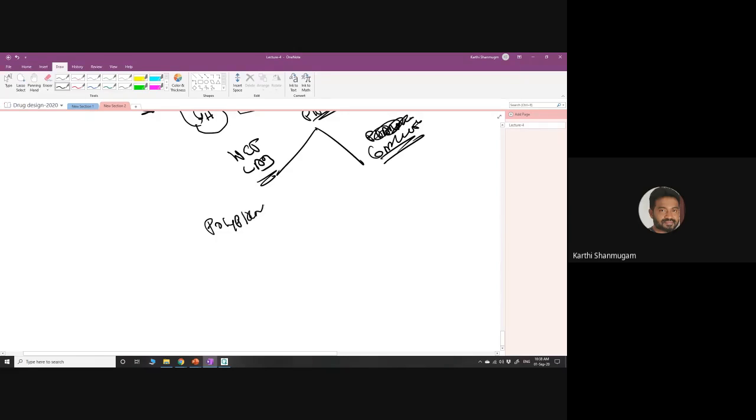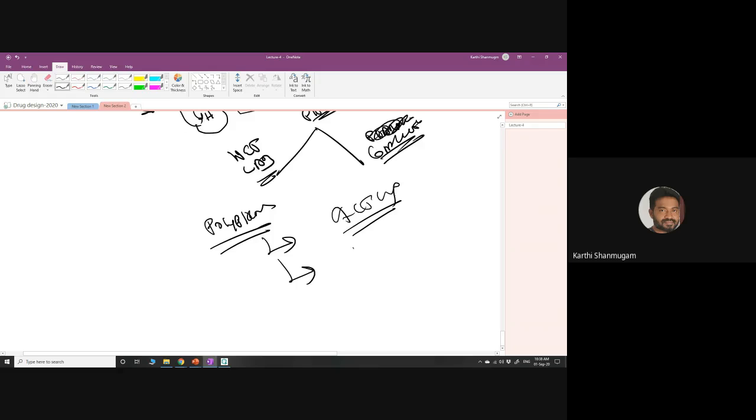So say for example if you take many polyphenols, normally they have good activity, but very unfortunately the half-life of those polyphenols is poor. Many polyphenols we can name, for example resveratrol and quercetin, these are polyphenols, flavonoids.